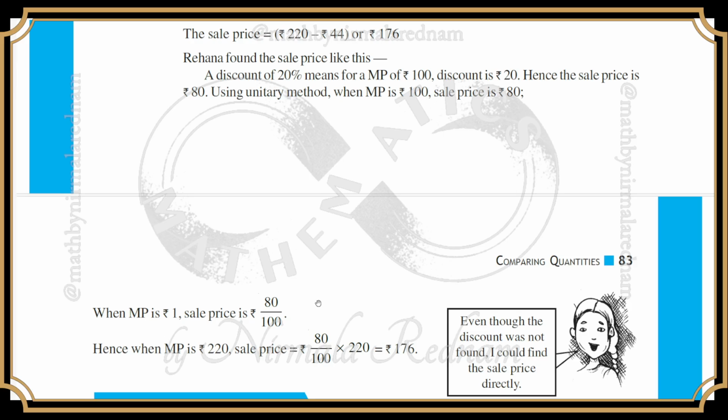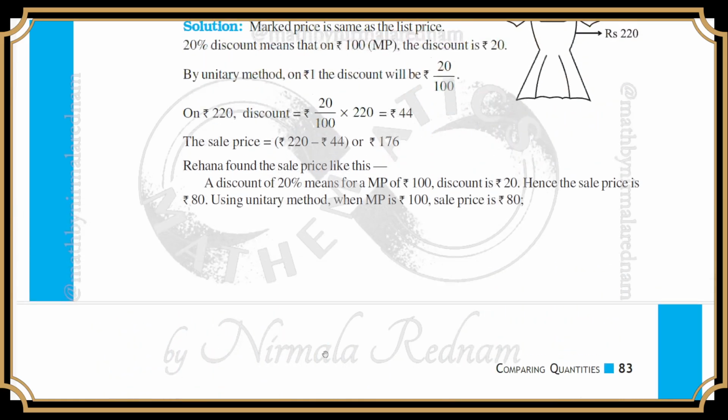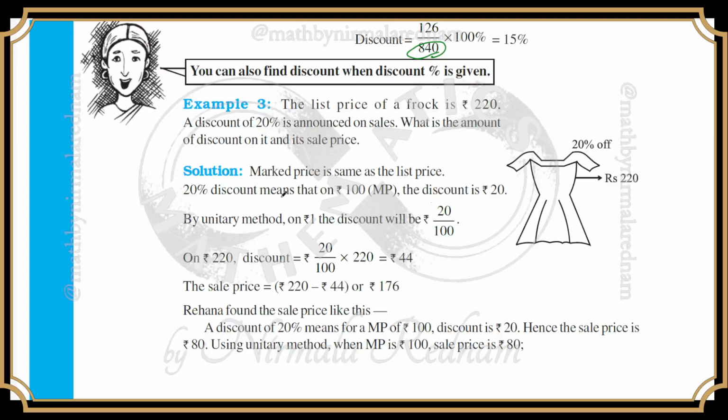In the third example, they're saying the list price of a frock is given as 220 rupees. The discount of 20% is announced. What is the discount amount and what is the sale price? Okay. So marked price is given as 220, right? 20% of 220 is nothing but 44 rupees.